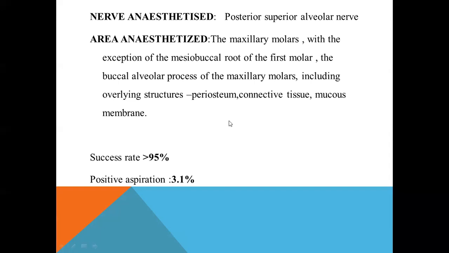Just remember, when you give a PSA nerve block, all the maxillary molars will get numb except the mesiobuccal root of the first molar. The buccal alveolar process of the maxillary molars, including the overlying periosteum, connective tissue, and mucous membranes, will also get anesthetized. Success rate is more than 95% and positive aspiration is 3.1%.